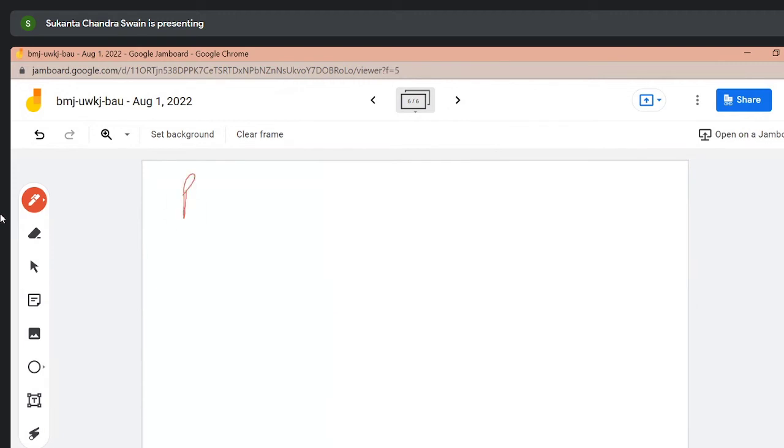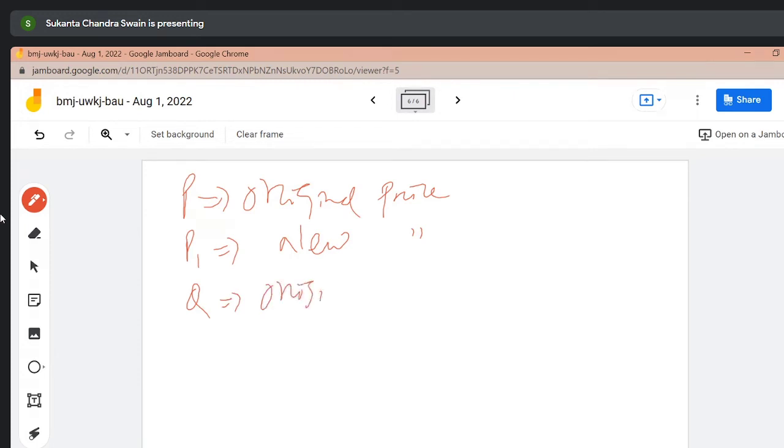Suppose P is the original price, P1 is the new price, meaning the changed price. Q is the original quantity demanded, and Q1 is the new quantity demanded.